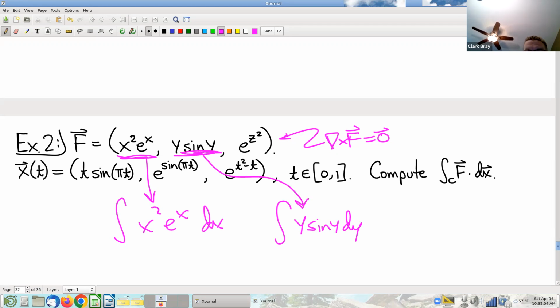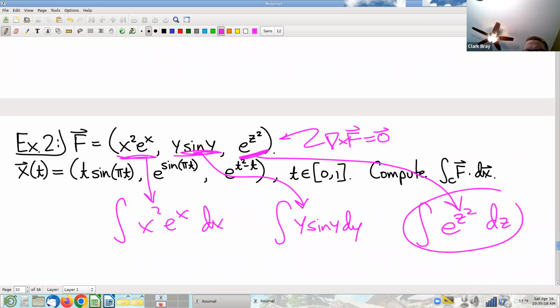But then even worse, I'm going to have to take the z anti-partial of e to the z squared. And whoops, missed. You may have seen this particular integral before. You can't write an analytic, closed form antiderivative for this integral.